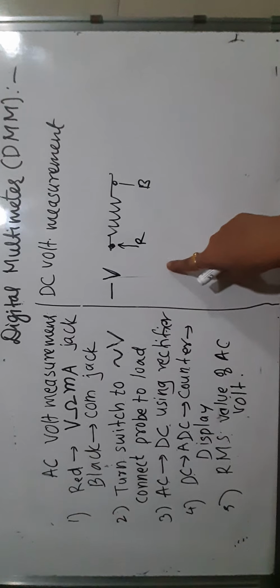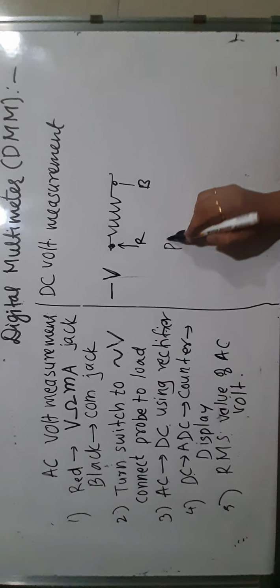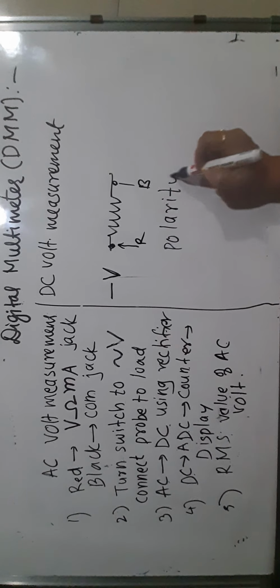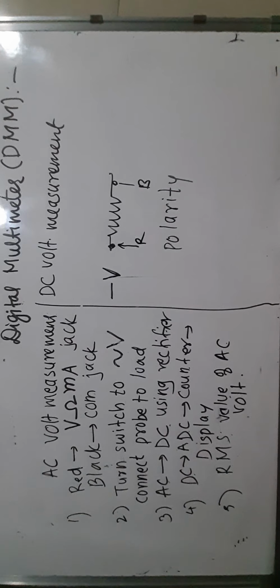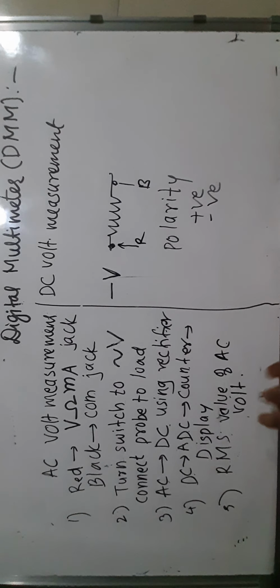Now in the display, the value of the DC voltage with proper polarity is indicated. DC voltage has a polarity, whether the voltage is positive or negative. So the display shows the voltage with proper polarity. This is how voltage measurement is done in a digital multimeter.